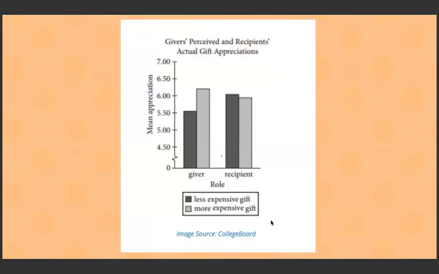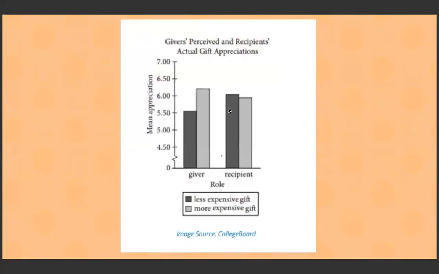And so if I were to actually read this chart, it would probably tell me that the giver perceived the receiver as being less grateful or less appreciative when the gift was less expensive. When in fact, the recipient says that's not true.